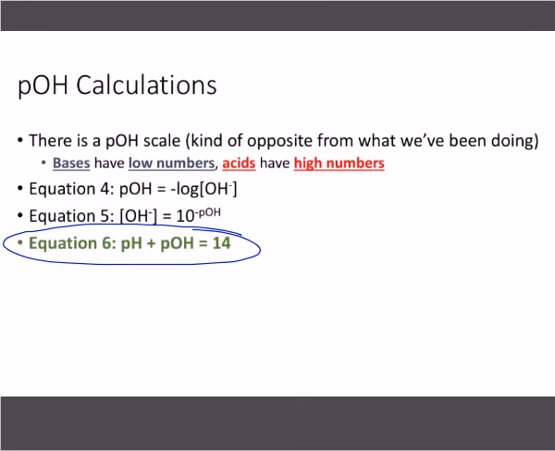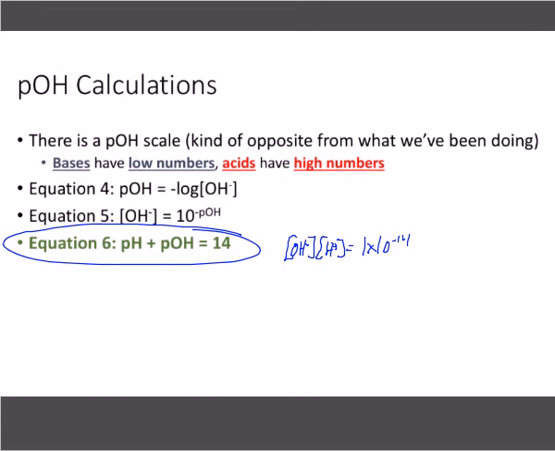Equation 6, and like I said, equation 1, which is the KW formula, where you've got OH minus times H plus equals 1 times 10 to the minus 14. So those ones kind of go together because you have to use one or the other of these equations to get between ions. You can choose which one you want to use.